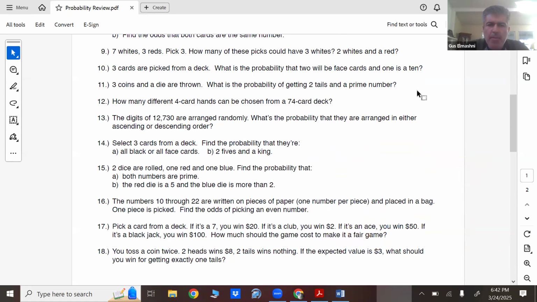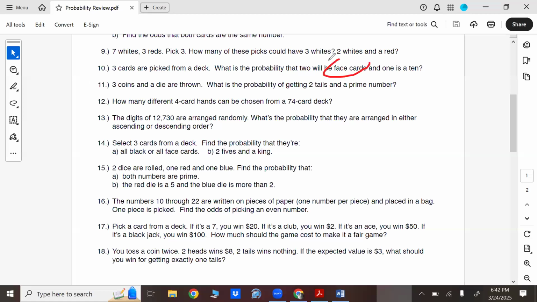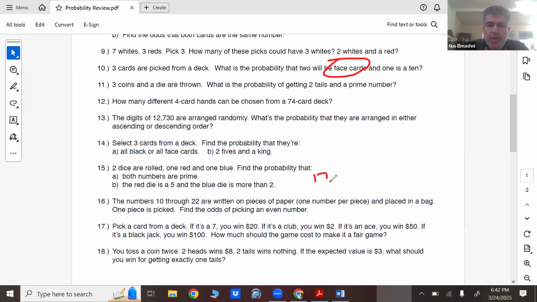Three cards are picked from a deck. What's the probability that 2 will be face cards and 1 is a 10? So we have 12 face cards: Jack, Queen, King. So it's 12C2. You have 4 tens, so 4C1.